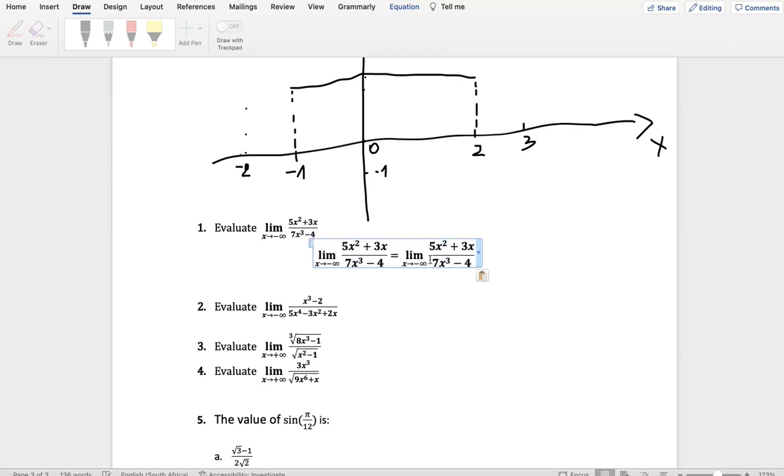So you might ask yourself, what does that mean? Well, let's look at the numerator. In the numerator, you have 5x squared plus 3x, right? Now I'm asking you guys, what's the degree of this polynomial? You guys have done degrees of polynomials.